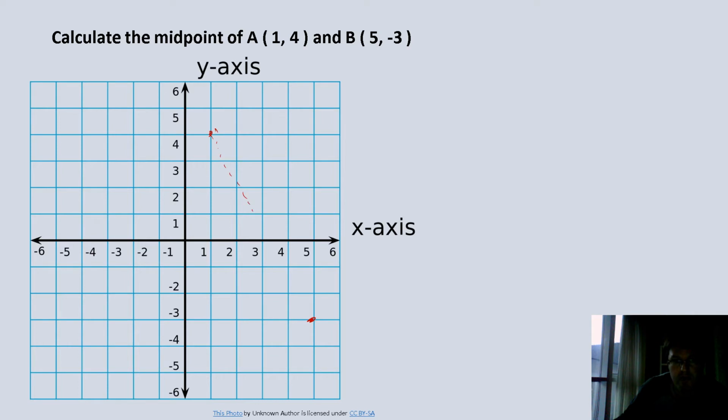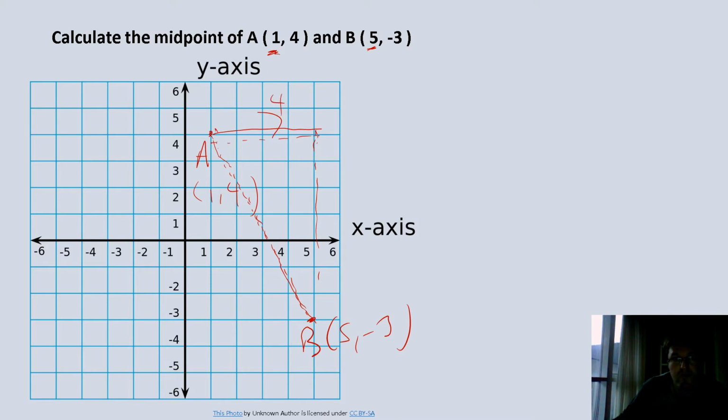And what we need to do is mathematically find the exact midpoint of this line, if you will, that connects A to B. Well, you can just use counting and logic here if you like, because you know that to get from 1 to 5, you're going across 4, right?